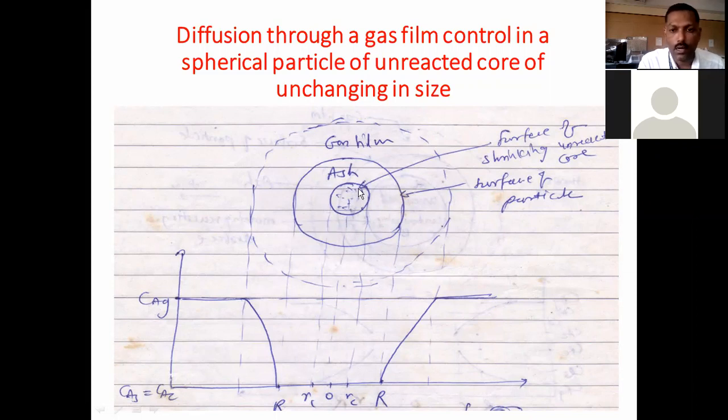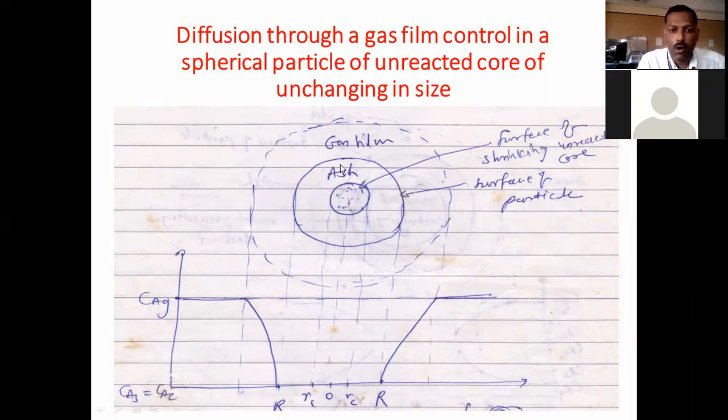This is the surface of the shrinking unreacted core. This is the unreacted particle. Only the surface is reacted, and this is the movable surface, moving toward the center, from the initial radius R to 0.